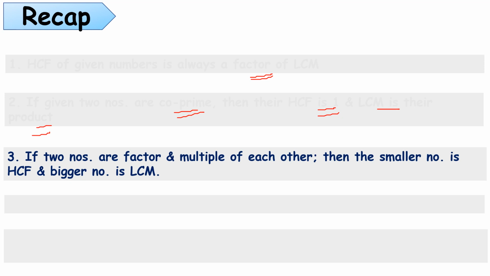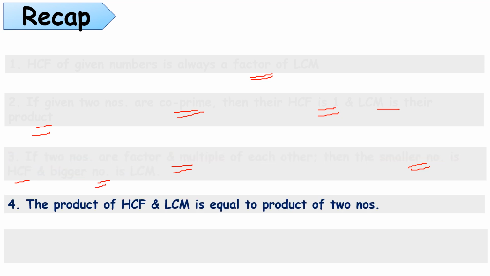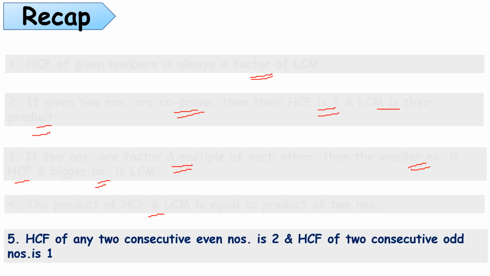If two numbers are factor and multiple of each other, then the smaller number is the HCF and the bigger number is the LCM. The product of HCF and LCM is equal to the product of the two numbers. And the last one, this you should remember: the HCF of any two consecutive even numbers is 2 and the HCF of two consecutive odd numbers is 1.